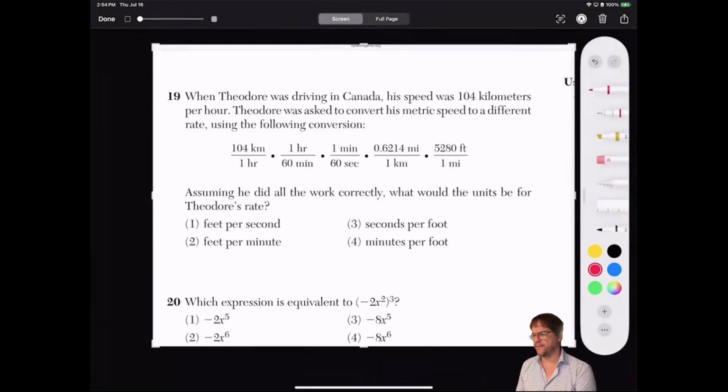Theodore was asked to convert his metric speed to a different rate using the following conversions. Assuming he did all the work correctly, what would the units be for Theodore's rate? Let's cancel. I have hour here, and I have hour here. Okay? I have minute here, I have minute here.